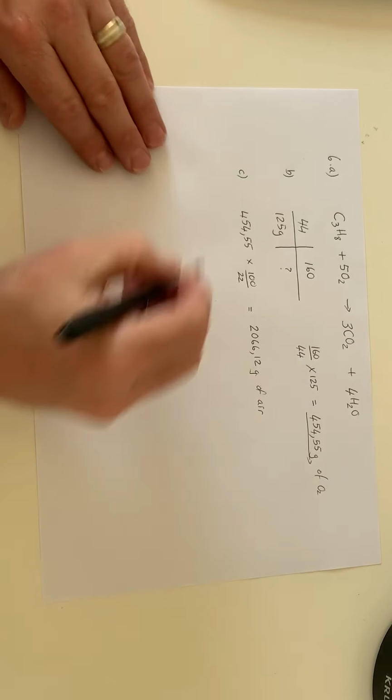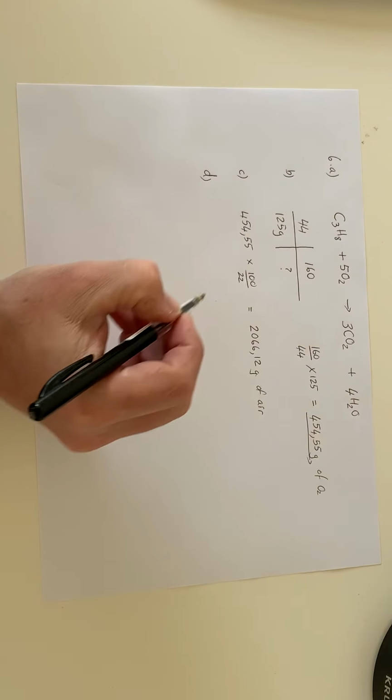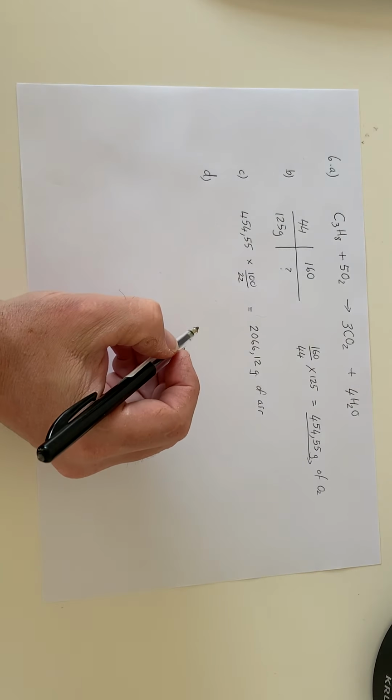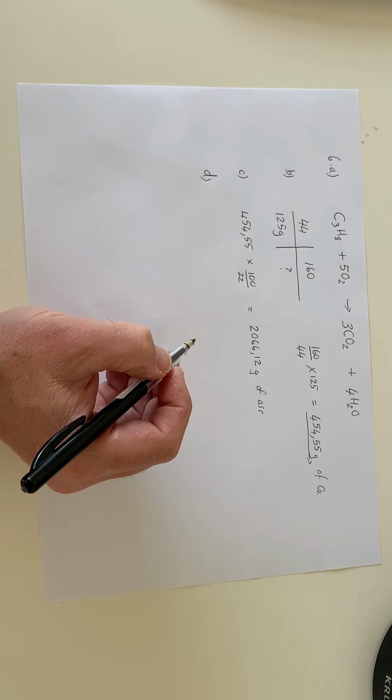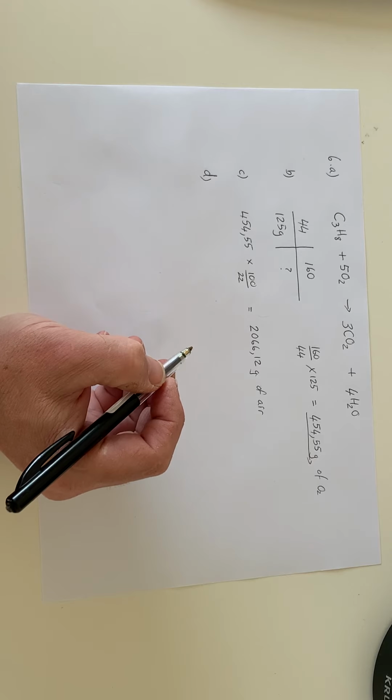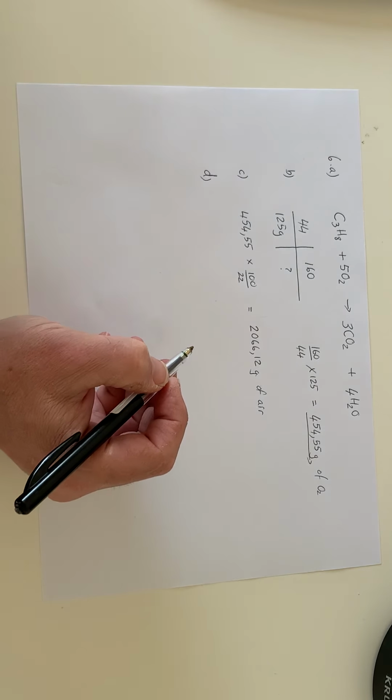Okay, now D. Question D says the following: the density of air is 1,29 kilograms per meters cubed. How many liters of air are needed at least to complete this combustion?